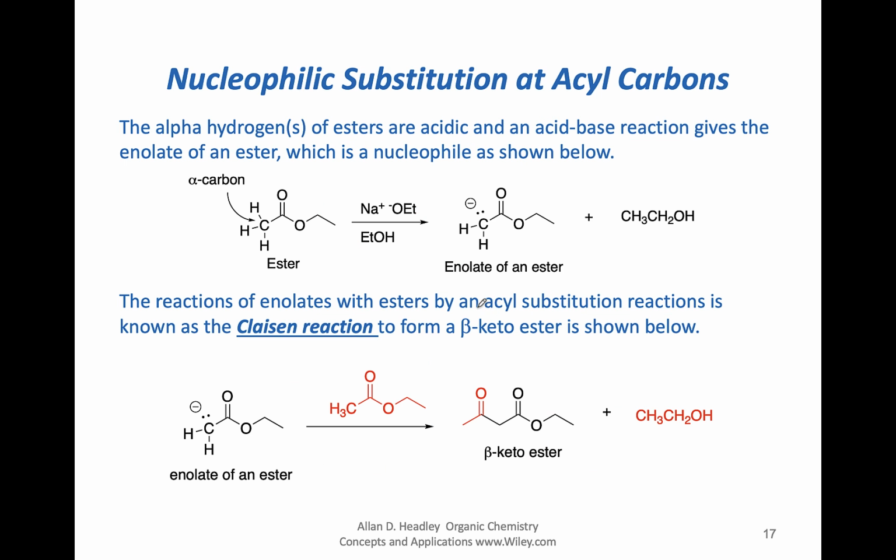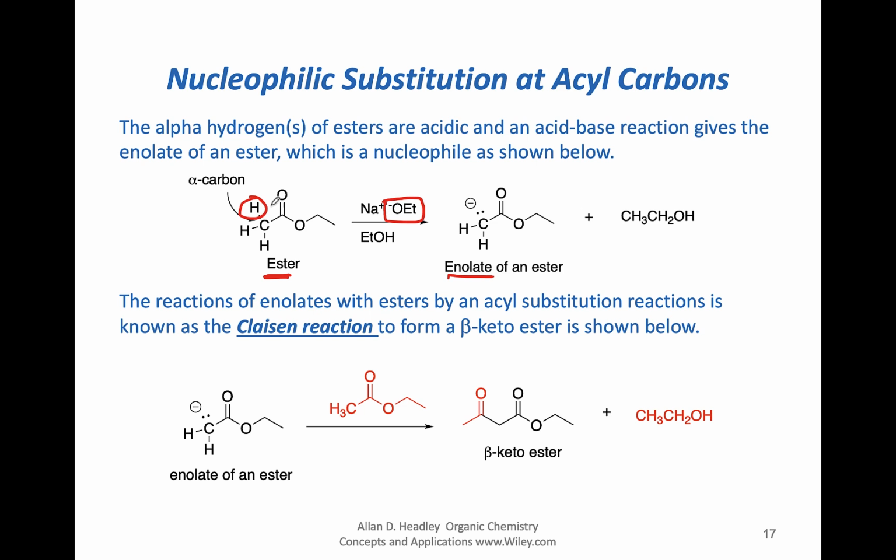Let's look at another type of nucleophile. This one is called the enolate. So molecules, esters, that have an alpha carbon. This alpha carbon, if it has hydrogens, they're called alpha hydrogens. They are acidic. So we have an acid-base reaction here. So here is our strong base.